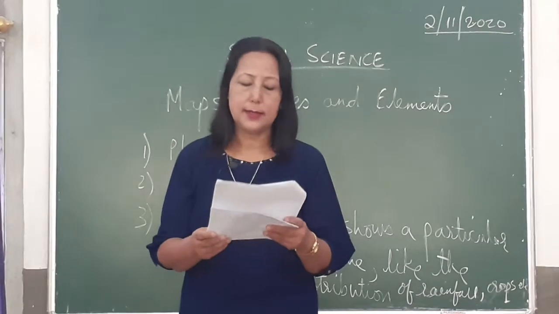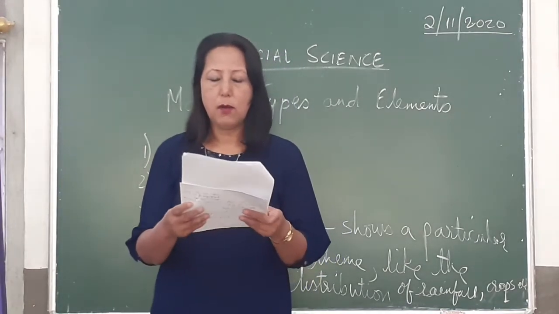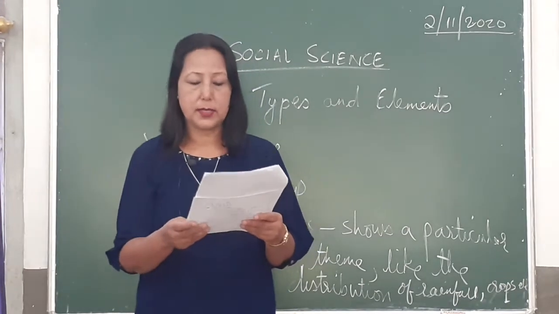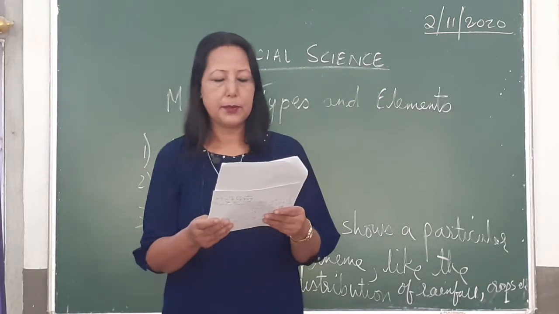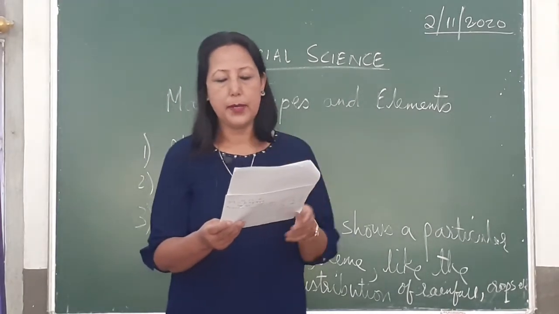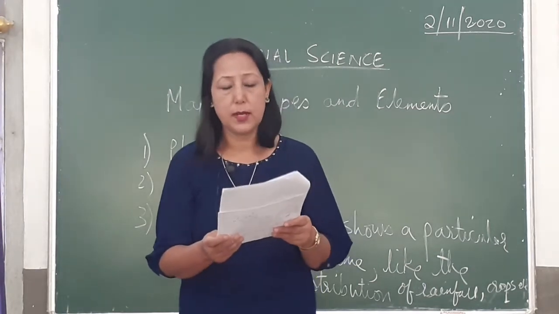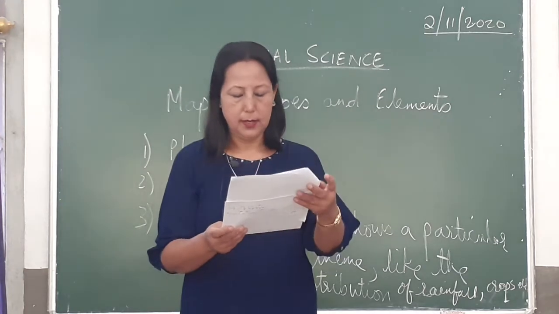Now what is a title? The title of a map gives an idea of what the map is all about. For example, the name, the area that the map shows, whether it is a political map or a mineral wealth map, etc. All this is known by the title of the map.